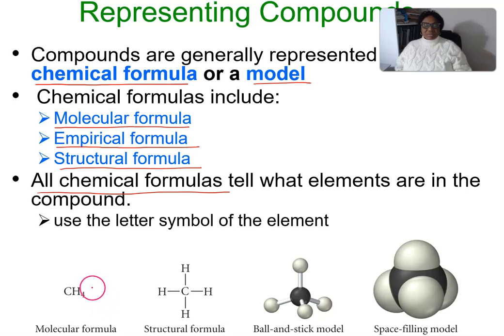We can see some kind of a difference between a molecular formula, this is a molecular formula, and a structural formula. These are just ball and stick representations. But this is the difference between a molecular formula and a structural formula.